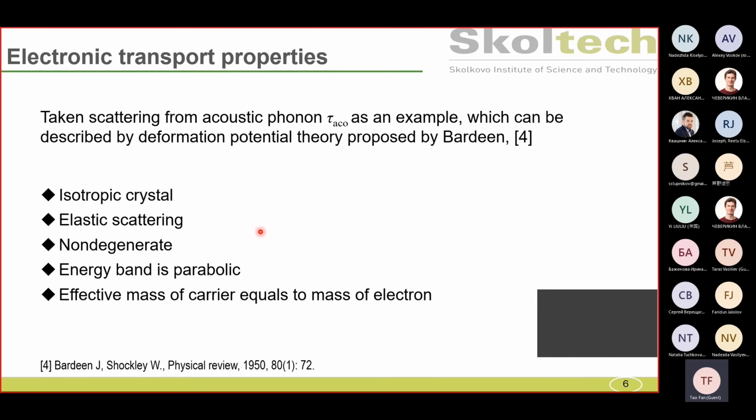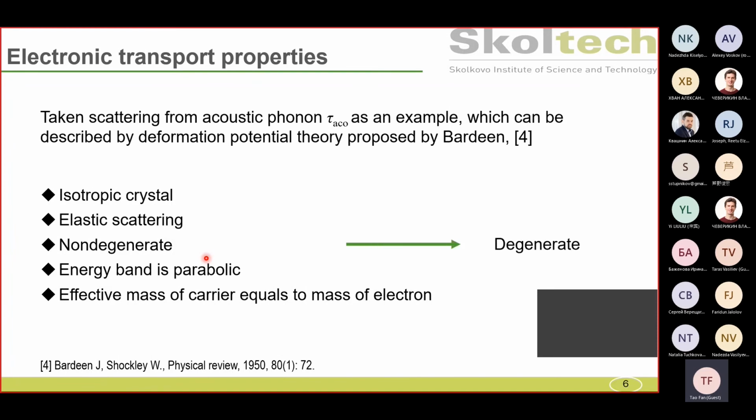Let's take scattering from acoustic phonons as an example, which can be described by the deformation potential theory proposed by Bardeen. Bardeen proposed this theory to calculate the mobility of nonpolar semiconductors like silicon. In order to apply this theory to a wide range of materials, it needs to be extended.